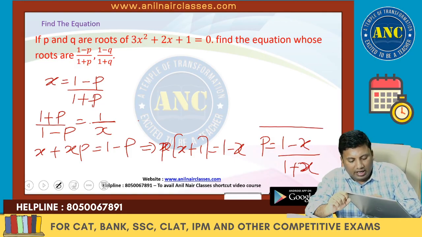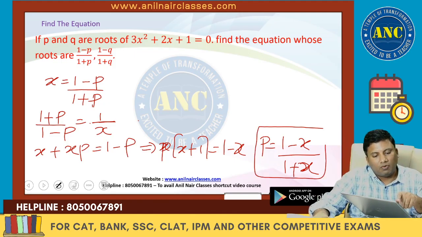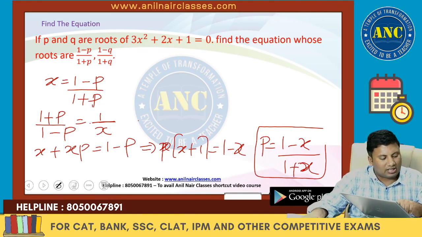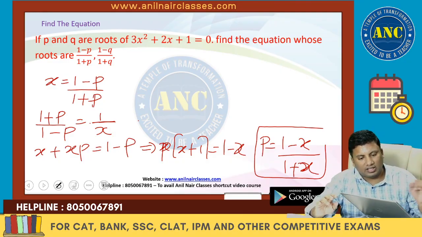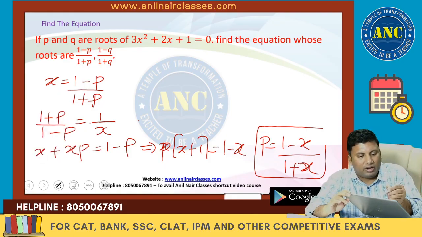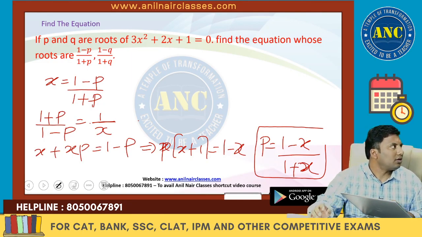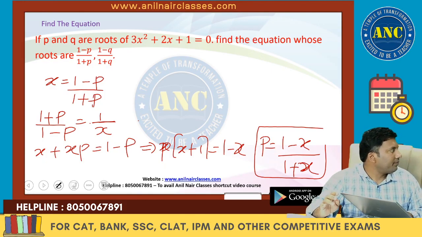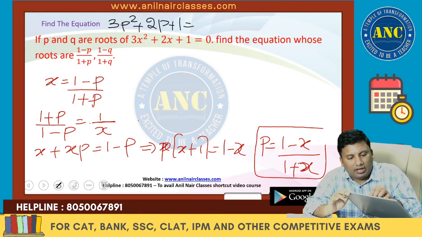I hope the idea is clear. p is nothing but (1 minus x) by (1 plus x). Then (1 plus p) by (1 minus p) cross multiplied gives x plus xp equivalent to 1 minus p. So p into (x plus 1) equivalent to 1 minus x. Because p is a root of this equation, 3p square plus 2p plus 1 equivalent to 0.